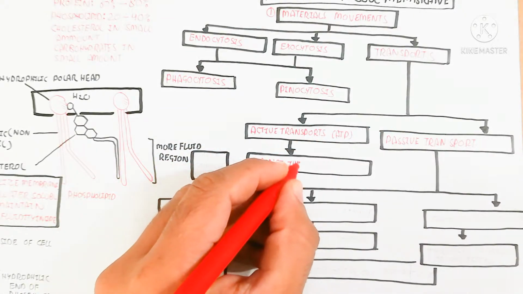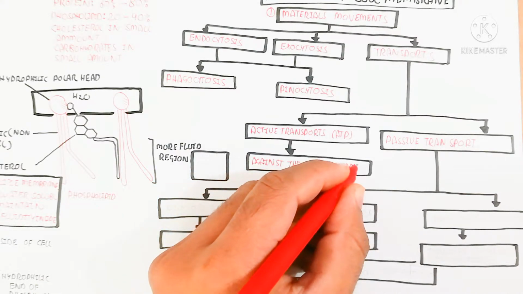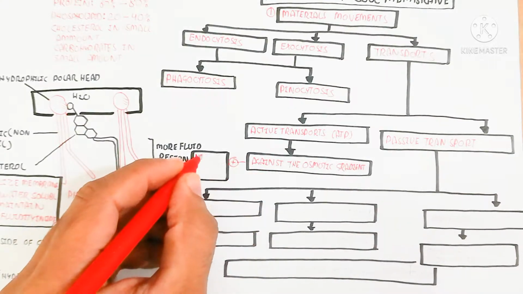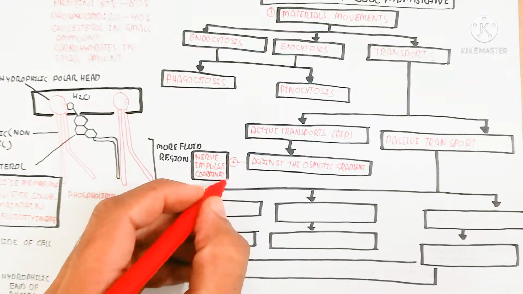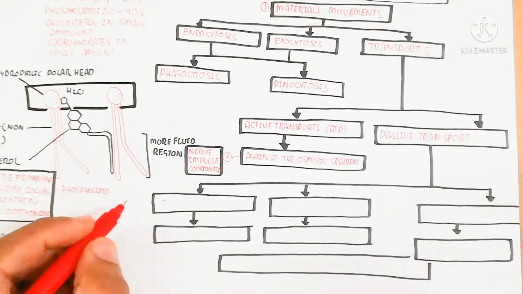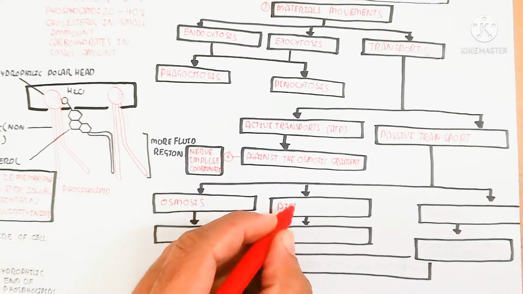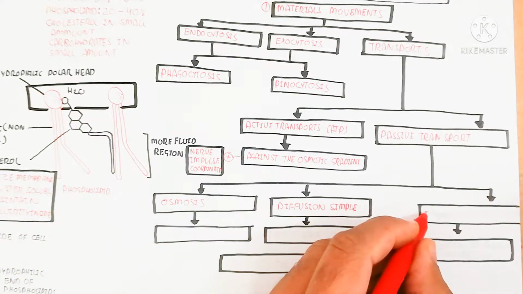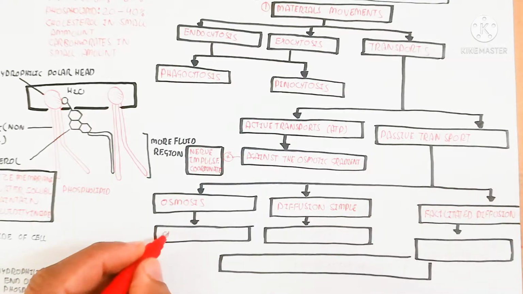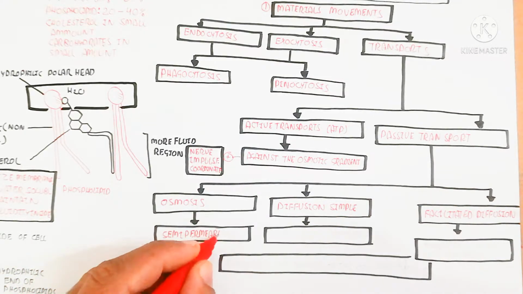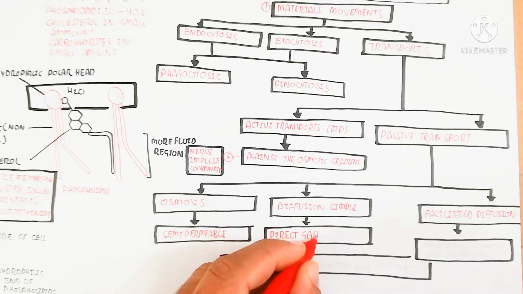Transport is of two types: active transport and passive transport. Active transport uses energy and works against the osmotic gradient, for example nerve impulse conduction, which is coordination in the nervous system. Passive transport is different, for example osmosis and diffusion, including simple diffusion and facilitated diffusion.